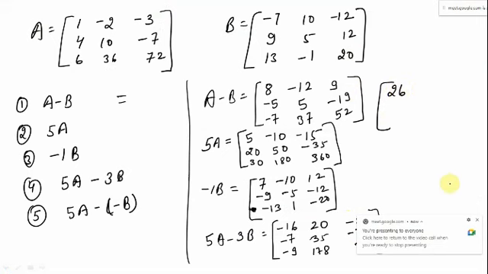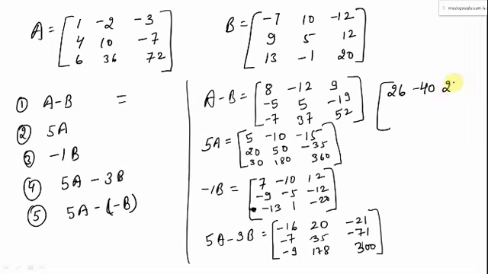Then minus 40 instead of 20. Yes, sir, it will be negative 40. Okay, then it will be positive 21, then minus 7. Then it will be 35, minus 71.